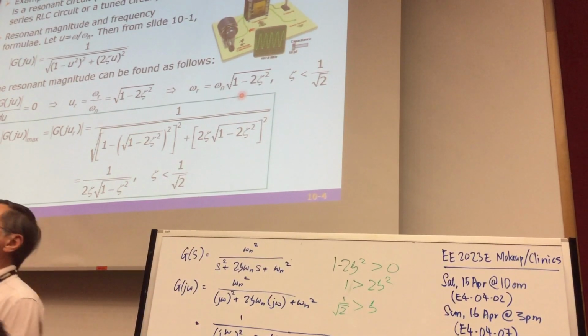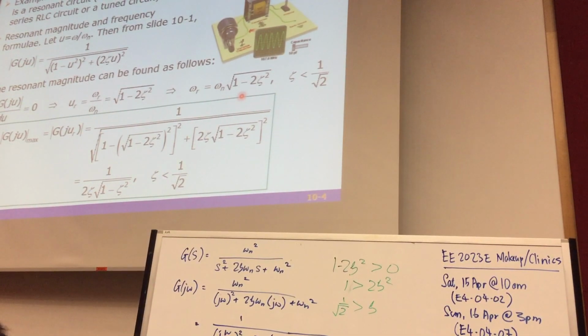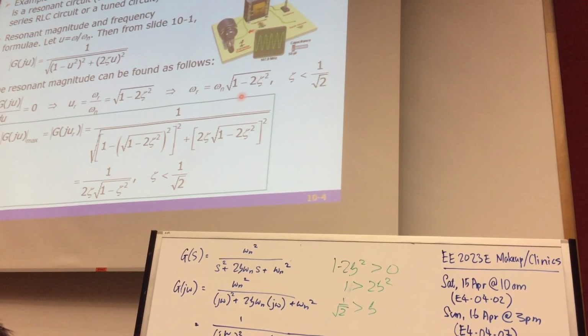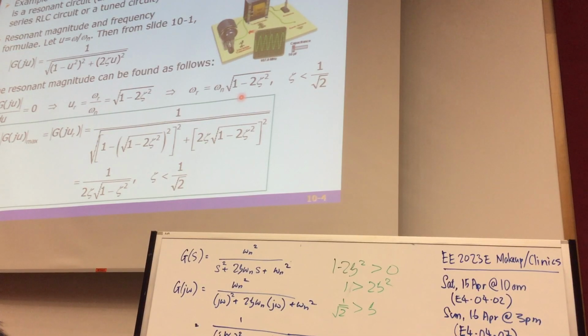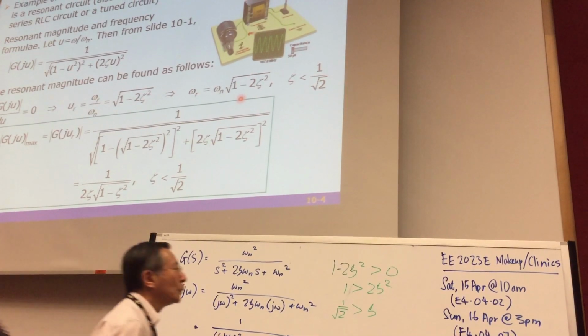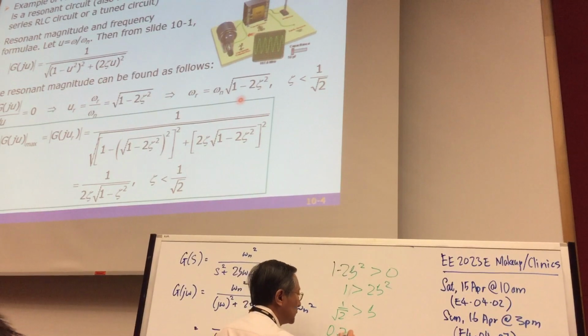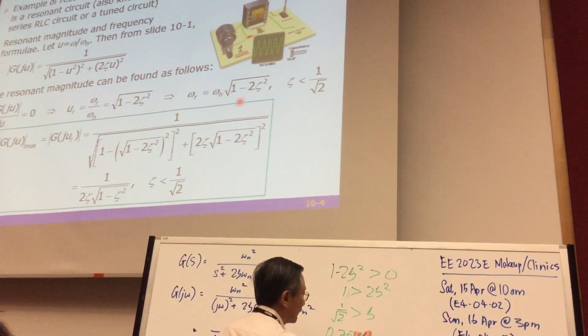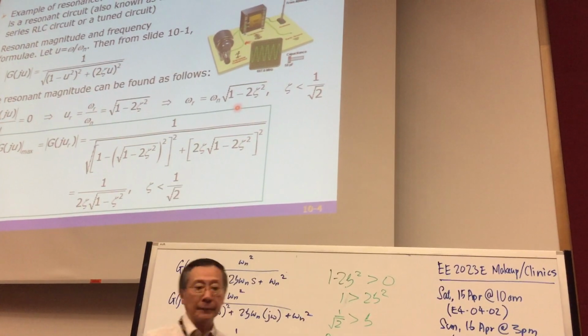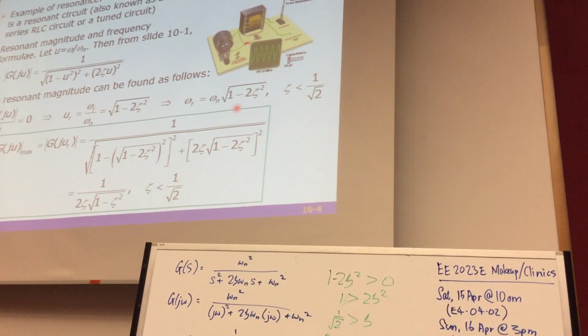So zeta must be less than 1 over root 2 if the square root is to be positive. And 1 over root 2 is 0.707, if that is to be resonance.